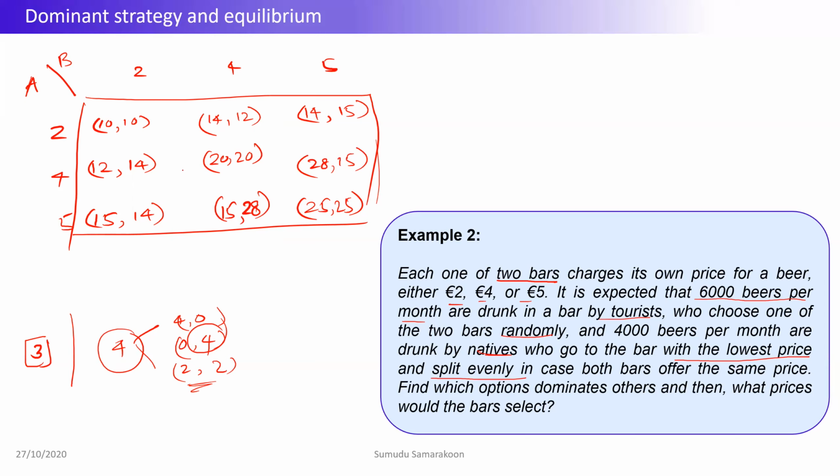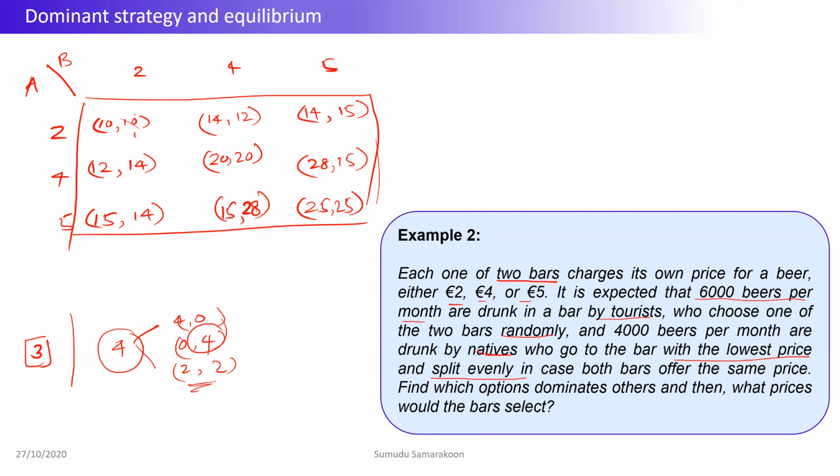Now we have to find the dominant strategy. Clearly, this is not going to work because both can improve. The question is, which option dominates the others? Of course, B is not going to stick with this one, because disregarding what A plays, we can improve.